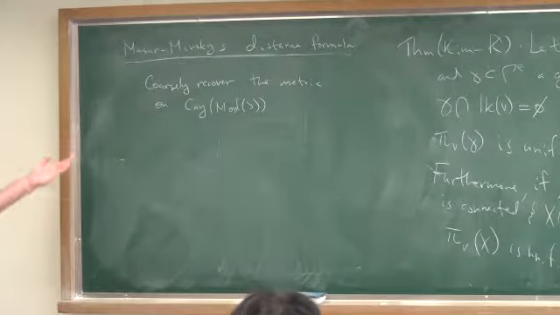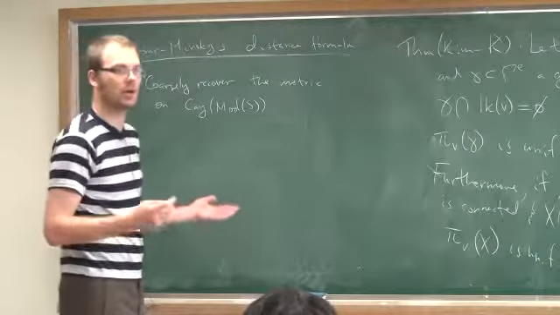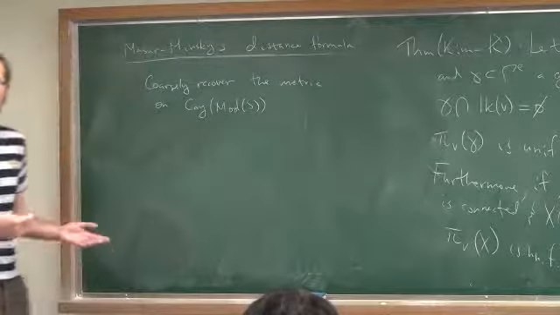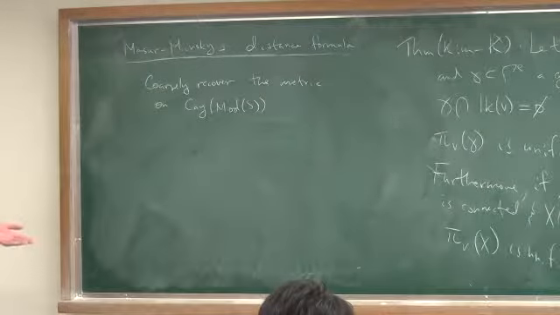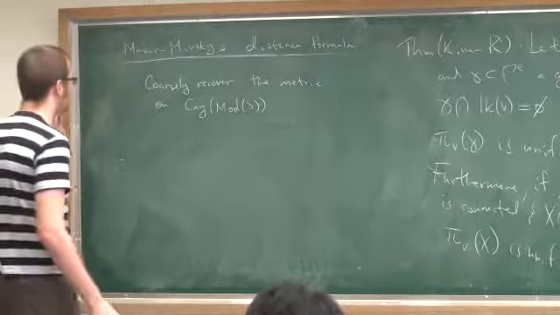The issue being that the mapping class group is an extremely complicated group, and understanding the geometry of its Cayley graph is quite difficult.